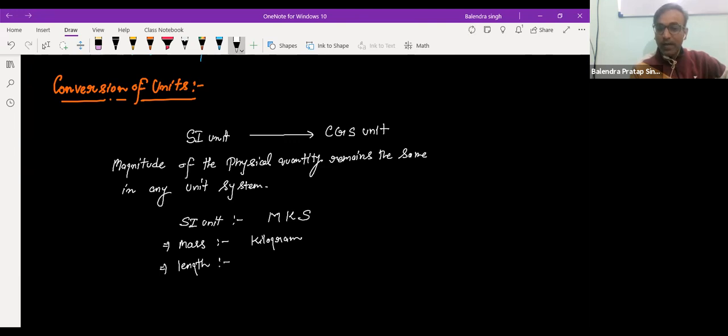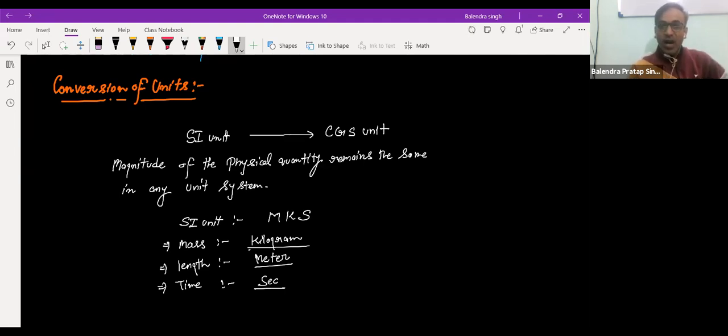So that's why it's MKS: M for meter, K for kilogram, and S for second. That's why its other name is MKS.